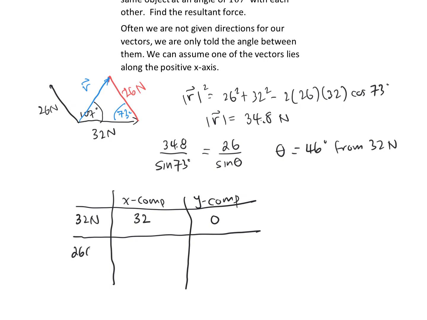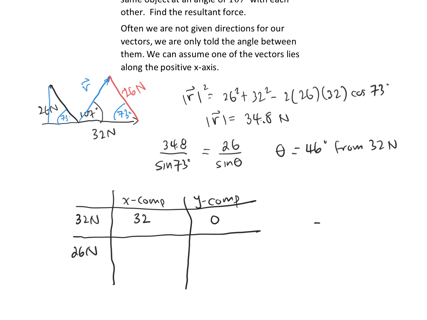The 26 Newton vector, if we make a triangle, maybe I'll do this in a different color. So I'm going to do a triangle connecting it to the x-axis. So we want to use this angle here, which is going to be 73. That's the angle that connects the vector to the x-axis.